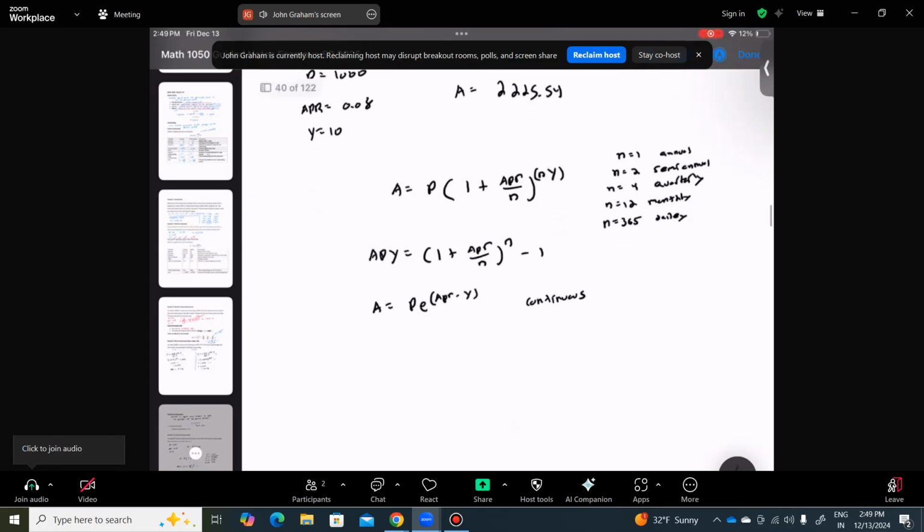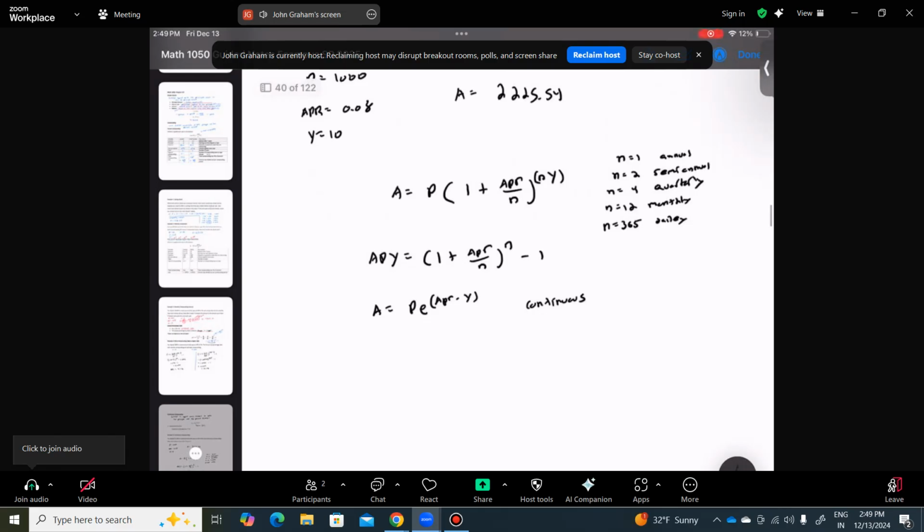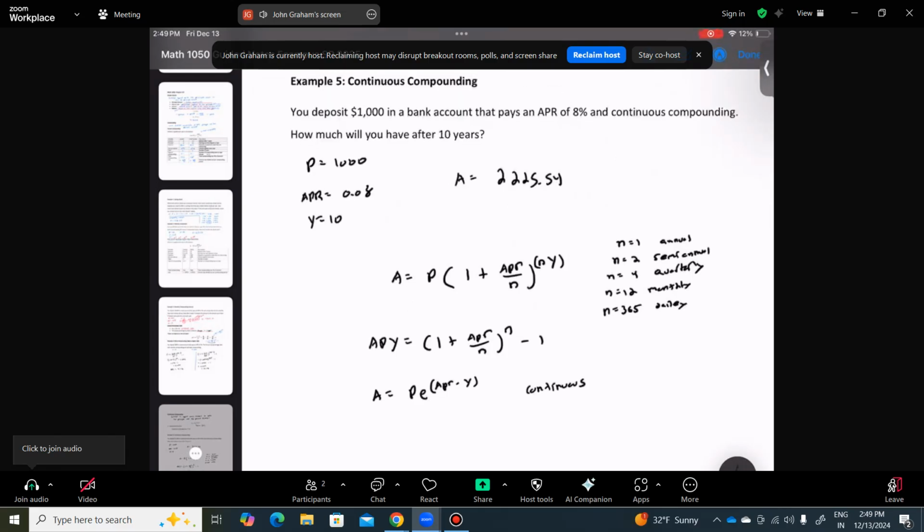Now, last thing I want to mention, percentage yield. We can find that also with the continuous compounding. Okay, again, let's do this problem up here. We have our APY is A minus P over P, which becomes A over P minus 1. With continuous compounding, it's P e to the APR times the years over P minus 1.